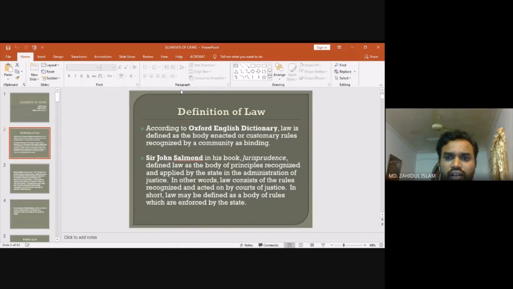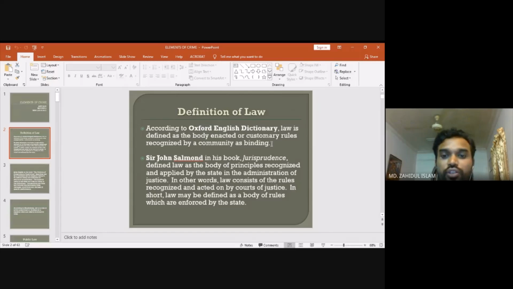If we see the definition of law, many jurists and experts explain it differently. But the easiest definition, I think, according to the Oxford English Dictionary, is that law is the body of enacted or customary rules recognized by the community as binding. Law is some rules and regulations that are recognized by the community and are binding on the community.